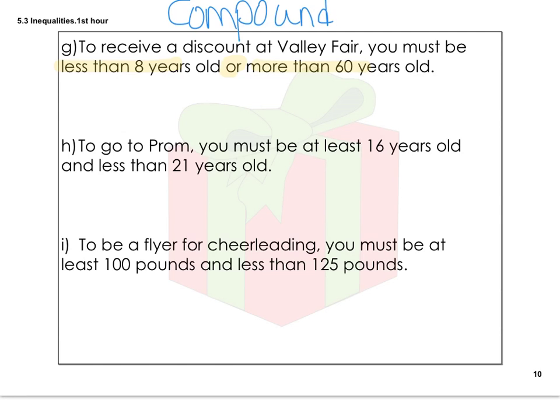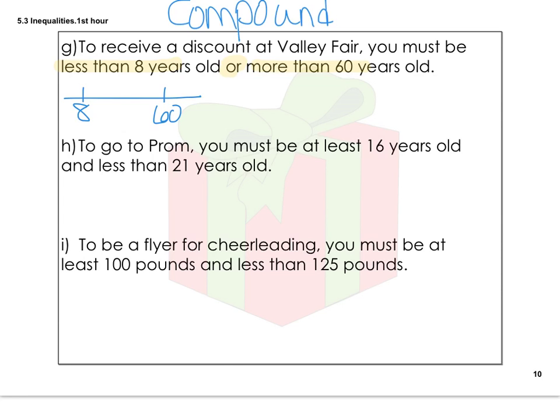So on these, if there are two numbers, I would definitely recommend starting with a graph, because that'll help you make sense of the problem. Always put your smaller number on the left and the bigger number on the right. So now let's just look at the first one. It says you must be less than 8 years old.